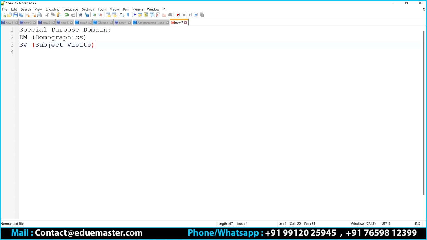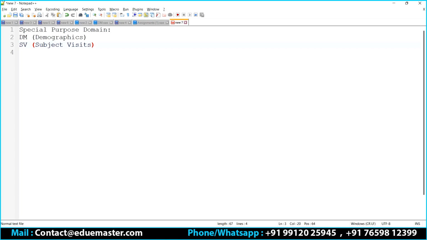Remember, this is going to be the most important domain for us, because it tells us when the subject visited for each stage, meaning when the subject first visited for the screening, when the treatment started, and what the follow-up is.